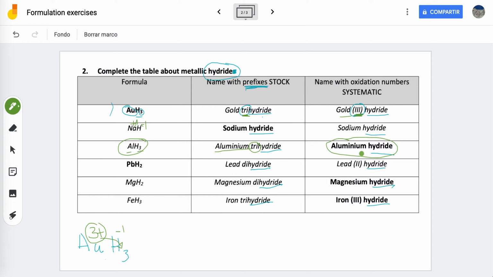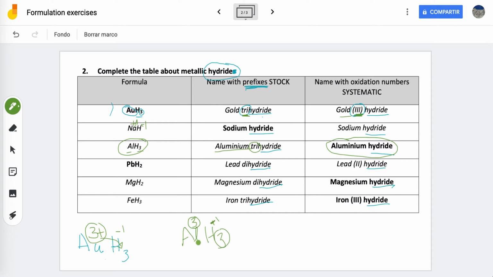Aluminium has oxidation numbers 2, 3, and 8. In this case, aluminium 3 hydride has 3 as an oxidation number. It comes from here. This is +1 or -1; in this case, -1.